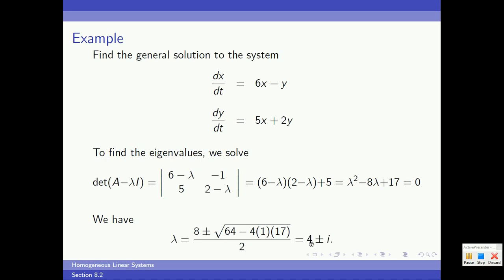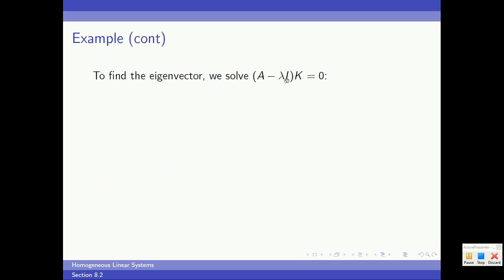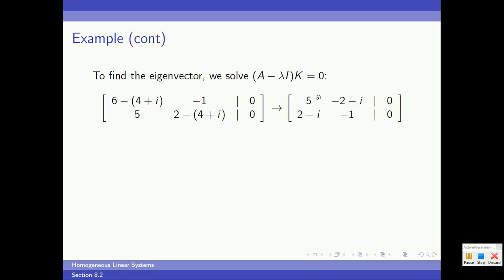So here our alpha is 4 and our beta is 1. So that 4 plus i is what we're sticking in here to our k. So we have 6 minus 4 plus i, 2 minus 4 plus i. Simplify. I flip these rows because I want to work with a real number up here. So I flip the rows and I simplify.